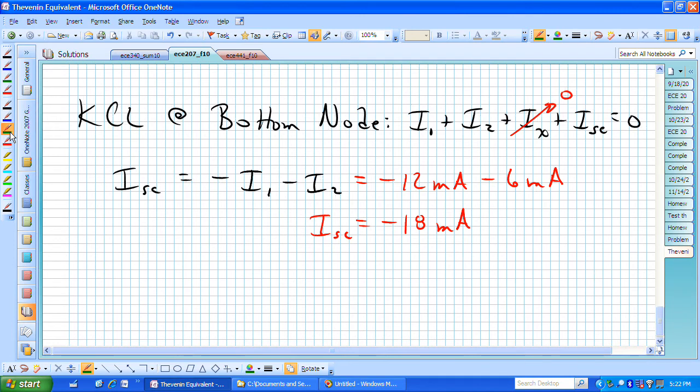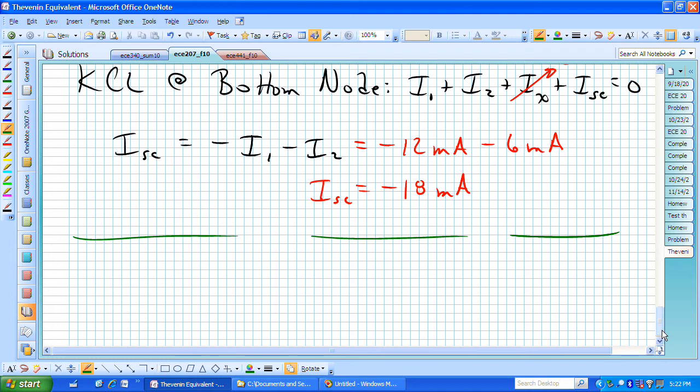We've now analyzed the two separate circuits, one to find V open circuit, one to find I short circuit. We now can calculate what the Thevenin resistance needs to be, which is this ratio of the open circuit voltage to the short circuit current. The open circuit voltage was minus 6. The short circuit current was minus 18 milliamps.